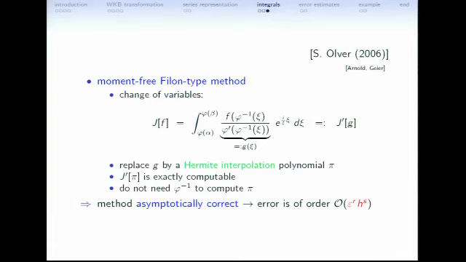But this drawback can be fixed, and there's the so-called moment-free Filon type method, which was published by Olver, a previous speaker, and here I've written down in small letters, which we also tried, but in a very simplified version, not in this big framework. And here the idea is as follows.